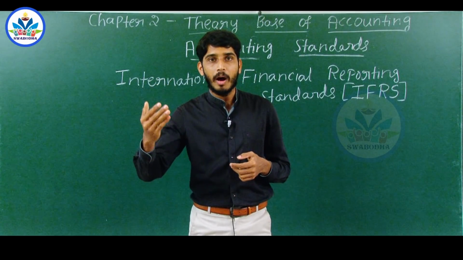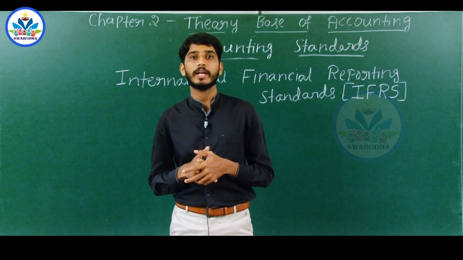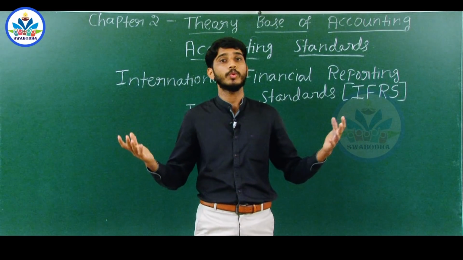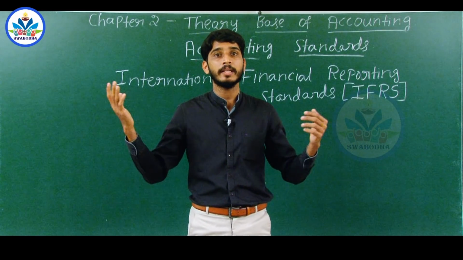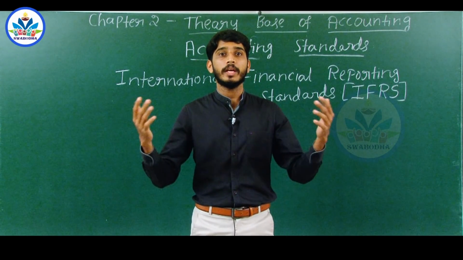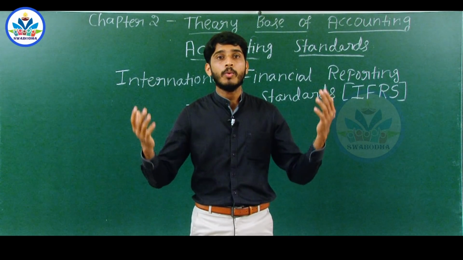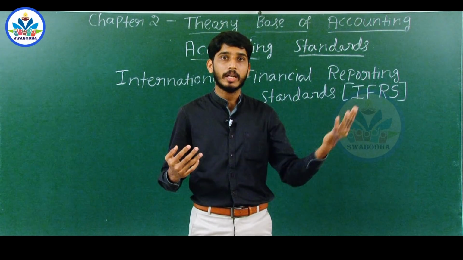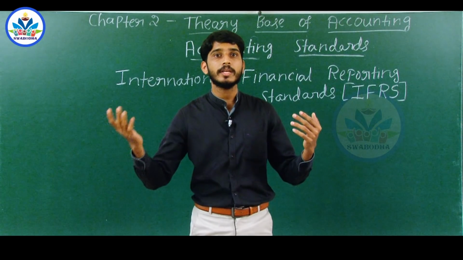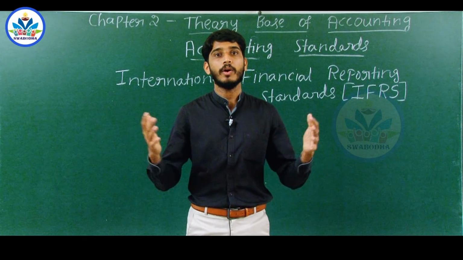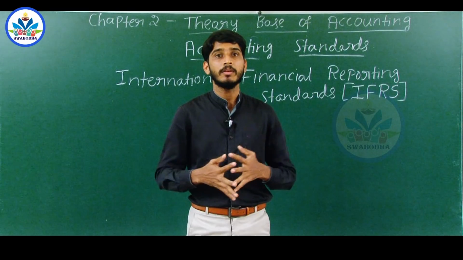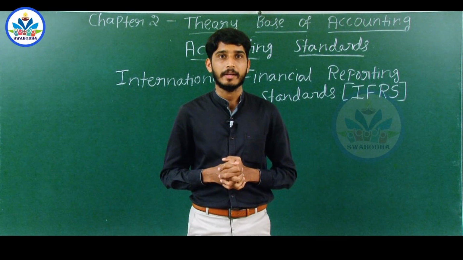Then we understood about the basis or system of accounting. There are two systems or two bases, cash system and accrual system. We studied about the accounting standards, who will issue the accounting standards, why these accounting standards have to be issued, and we have understood about the international financial reporting standards.